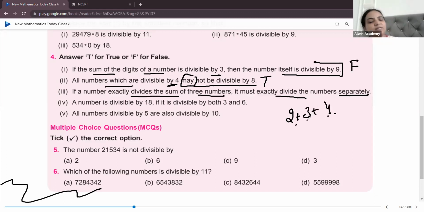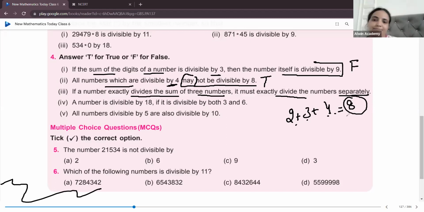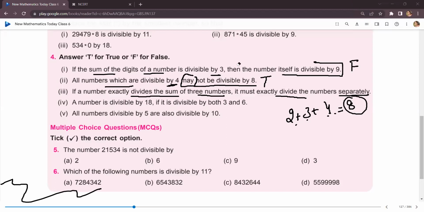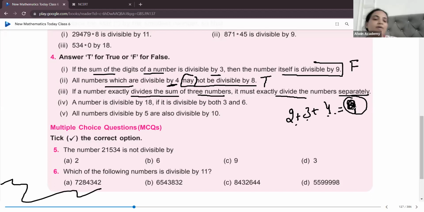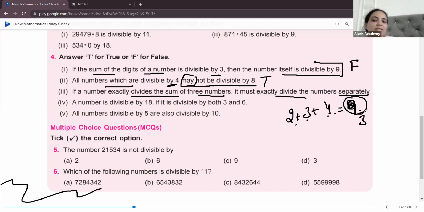This is 9. So now if I say that there is some number which divides this 9 completely, would it divide the numbers separately? If this 9 is divisible by 3, will all these 3 numbers be divisible by 3 as well?